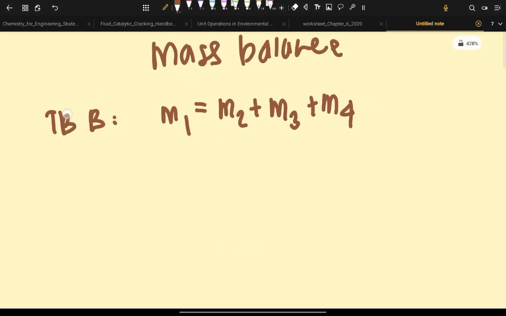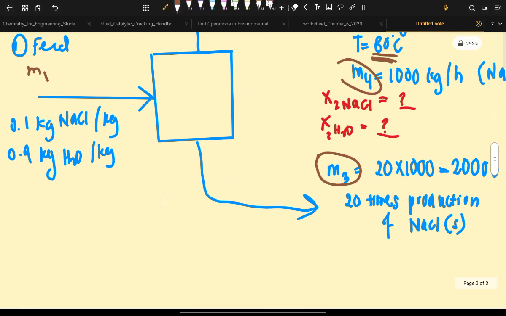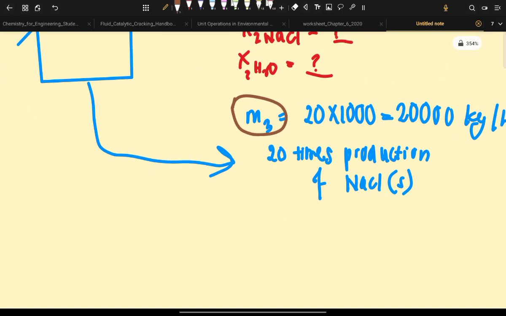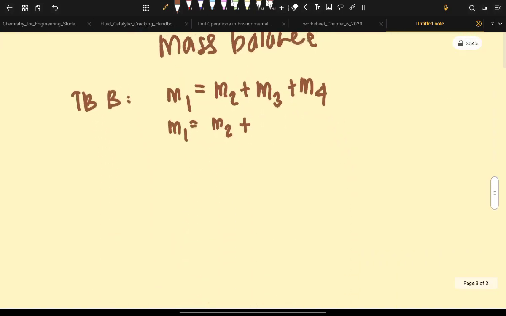We can also put in the information we have, which is the evaporation rate, the water removed, 20,000 kilogram, plus 1000.